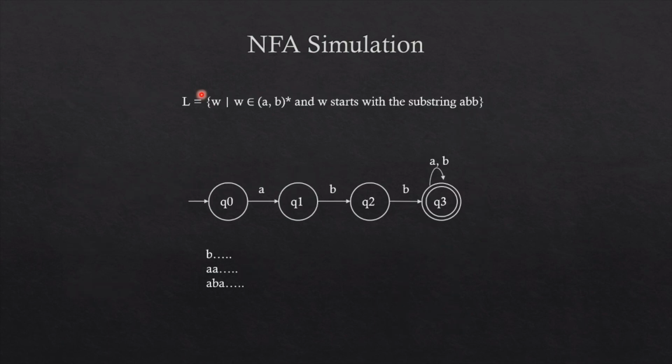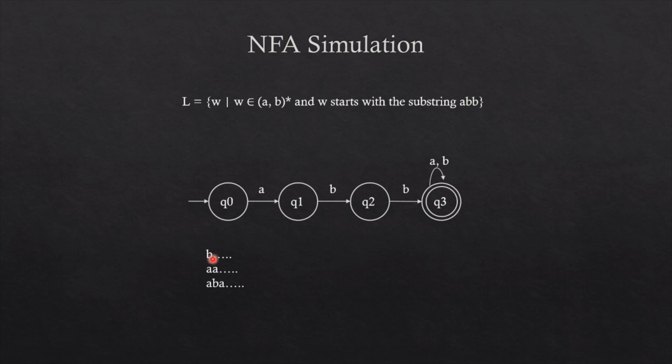I'm going to end this video with one last example, and this is a fairly simple one. This is an NFA that accepts strings that start with the substring ABB. So Q0 is the start state, and you see we don't have any transition on B from Q0, because if it's starting with B, then it's clearly not starting with the substring ABB, so there should be no flow from here.